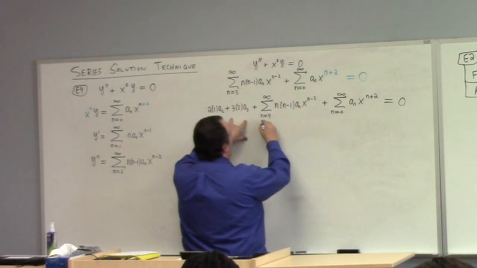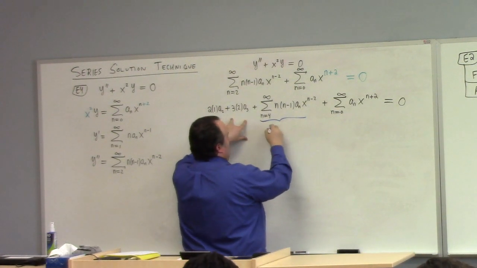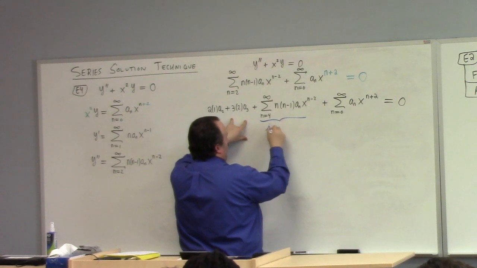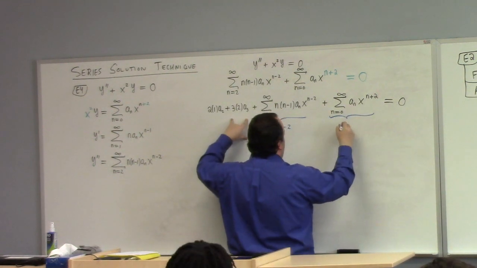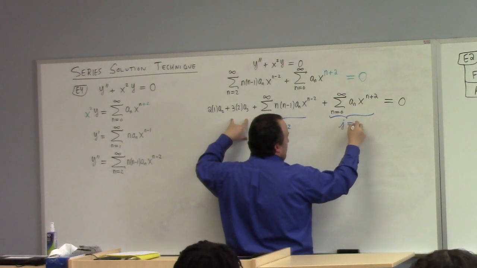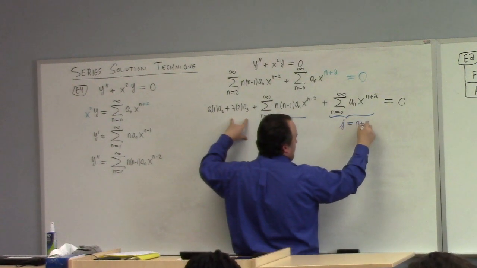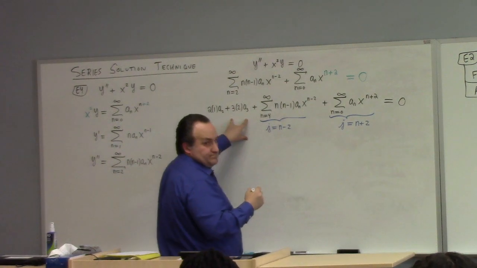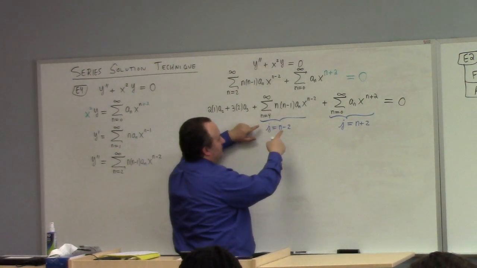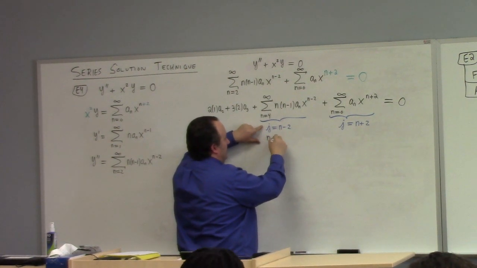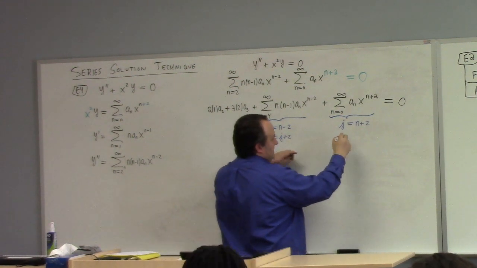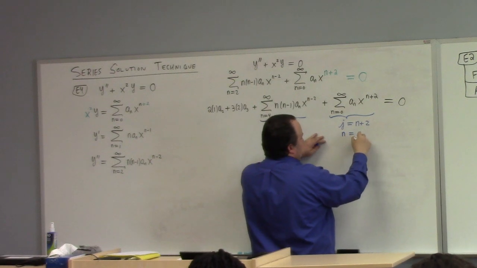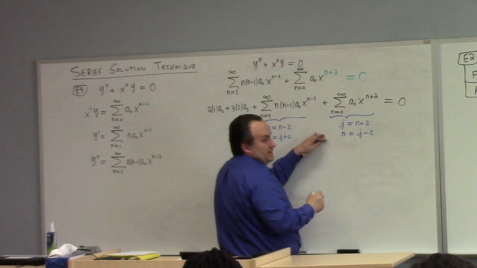So here, I'm going to let j equal n minus 2. On the other hand, over here, I'm going to let j equal n plus 2. With this substitution here, that makes n equal j plus 2. With that substitution here, that makes n equal j minus 2.